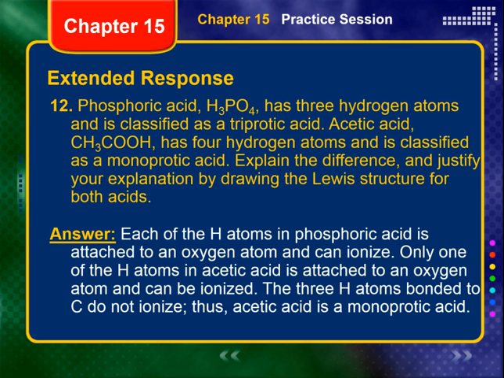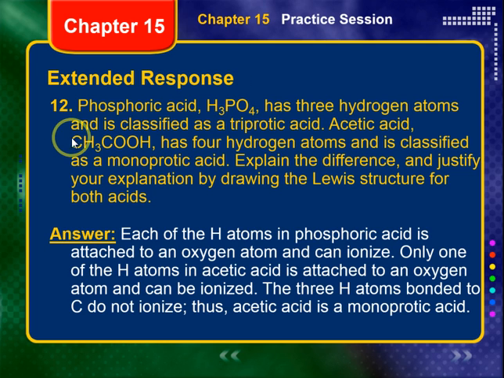Each of the hydrogen atoms in phosphoric acid is attached to an oxygen atom and can ionize, right? They have the potential to ionize. Only one of the hydrogen atoms in acetic acid is attached to an oxygen. The other hydrogens are attached to carbon and therefore don't ionize, right?